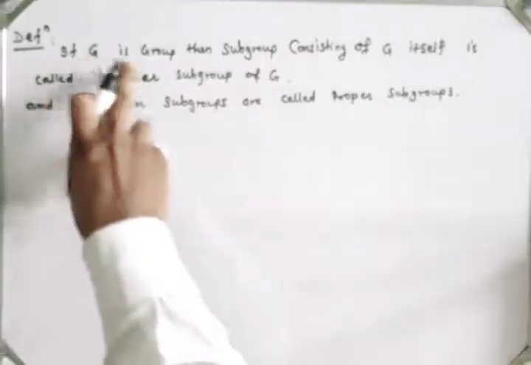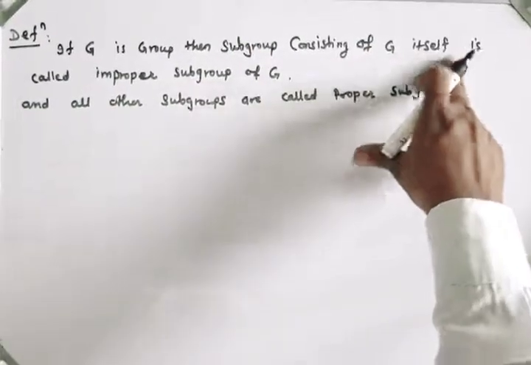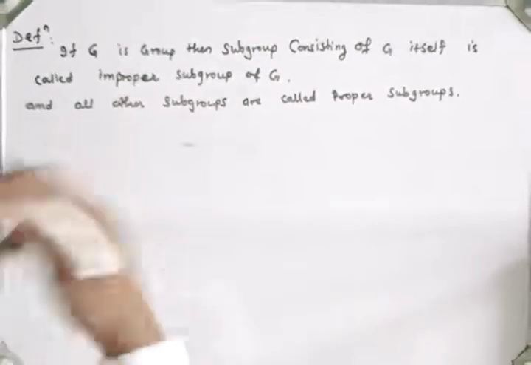So here G is a group, then the subgroup consisting of G itself is called an improper subgroup, and all other subgroups are called proper subgroups.